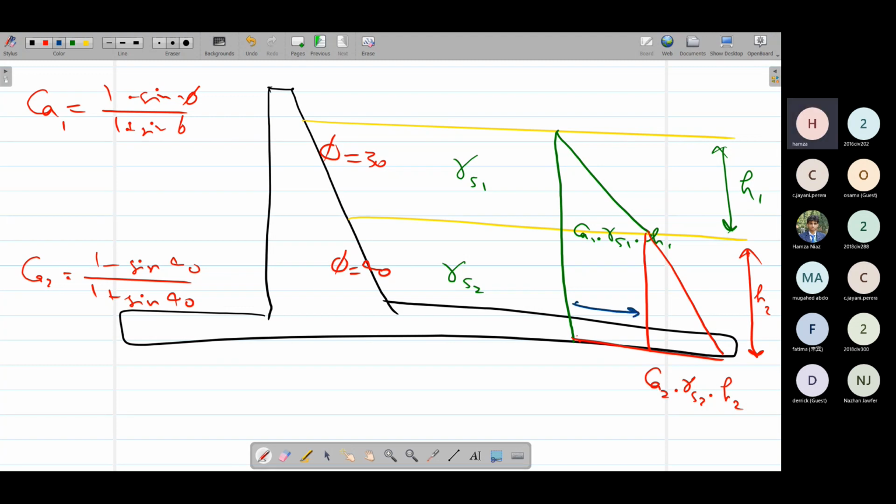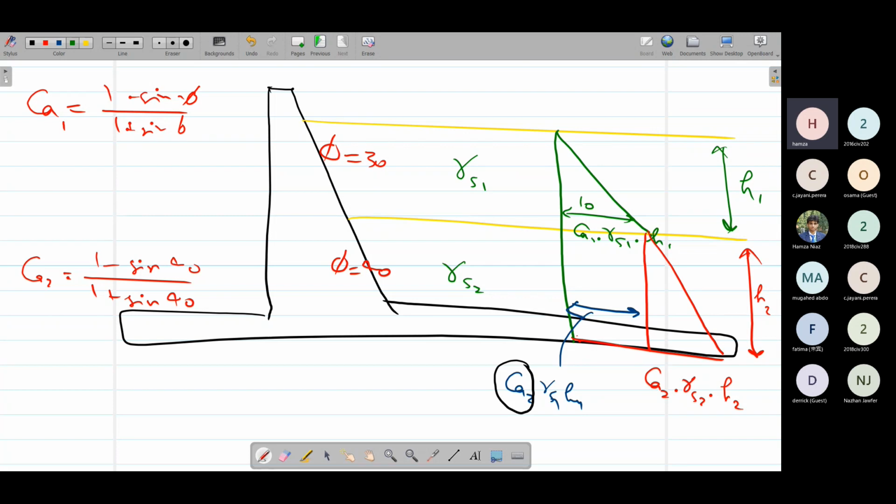Now for this portion, we are going to increase or decrease this value. We are not going to take this value as CA1 gamma S1 H1. We are going to take this value as CA2 gamma S1 H1. Simply we are going to change the coefficient into CA2. Suppose on the top the pressure is 10 kilopascal.